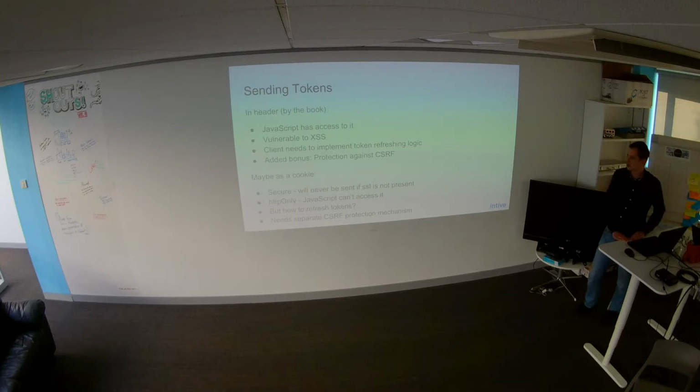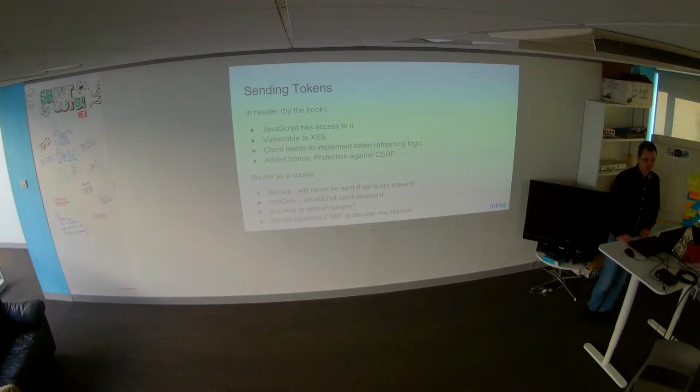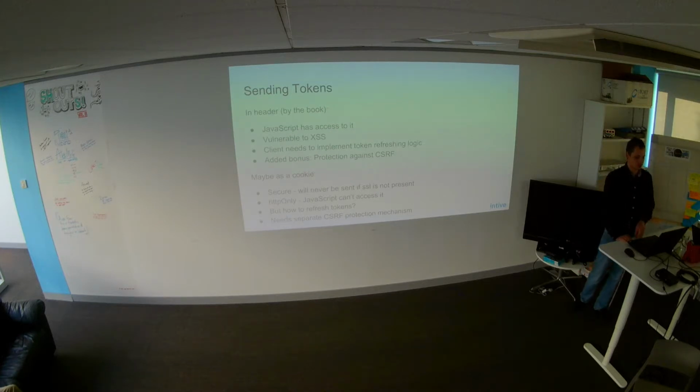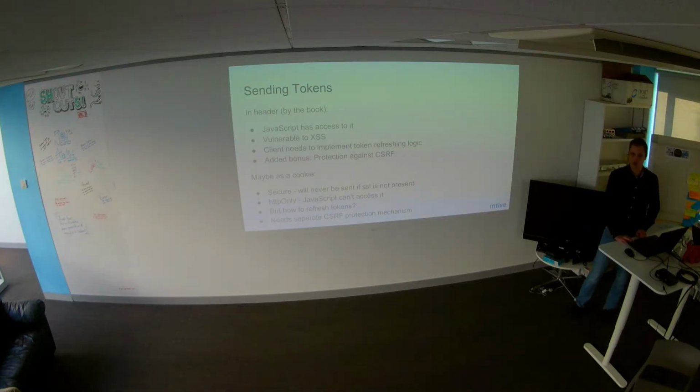Meaning, if it's sent in a header, JavaScript has to be able to read it, add it to the request, and then send it. If JavaScript is able to read it, then any malicious XSS will also be able to read it and steal it. That's not cool. That's really not cool, and I really hated this fact and had to do something about it.